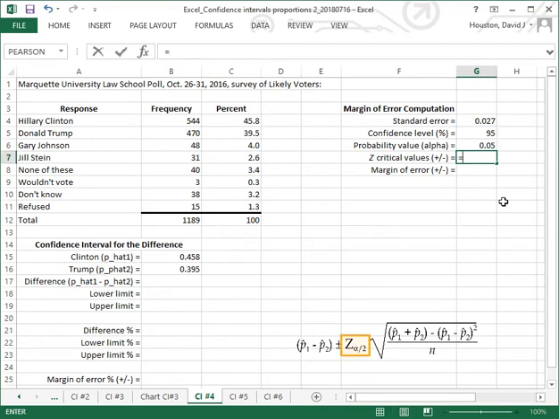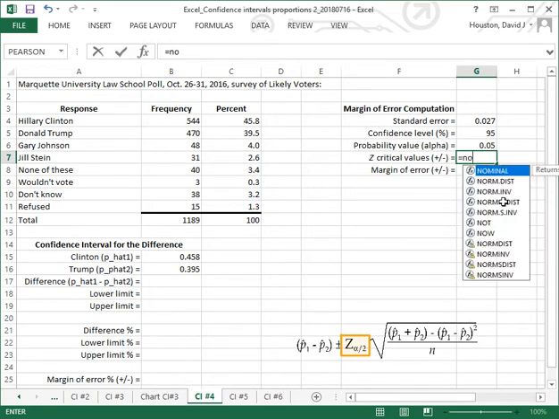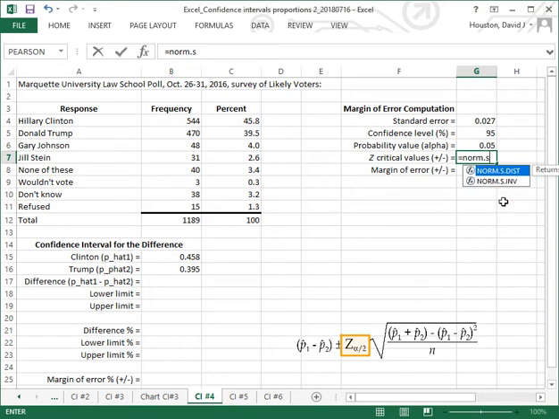The critical value we'll find again with the NORM.S.INV function in Excel, norm.s.inv, and that's going to be 1 minus, and I'm going to take our probability value of 0.05 and divide that by 2.